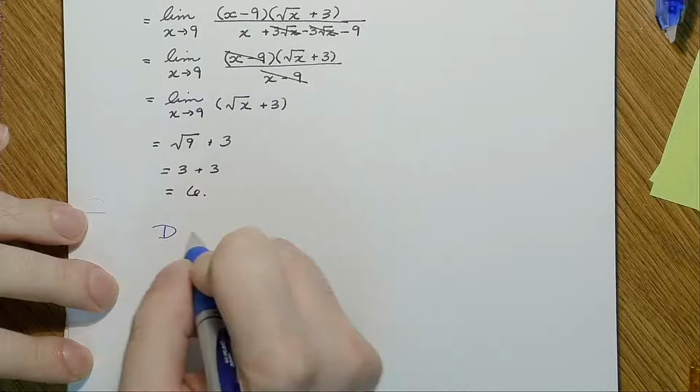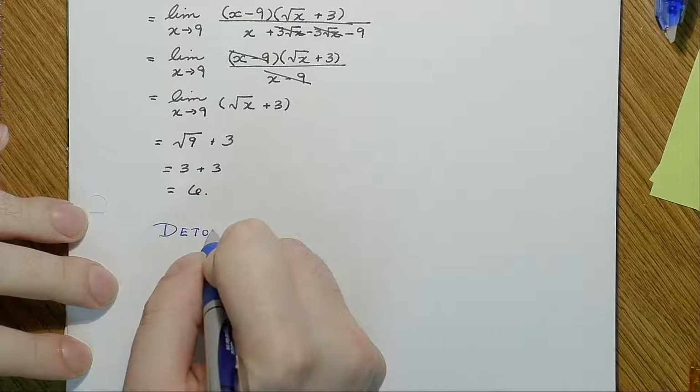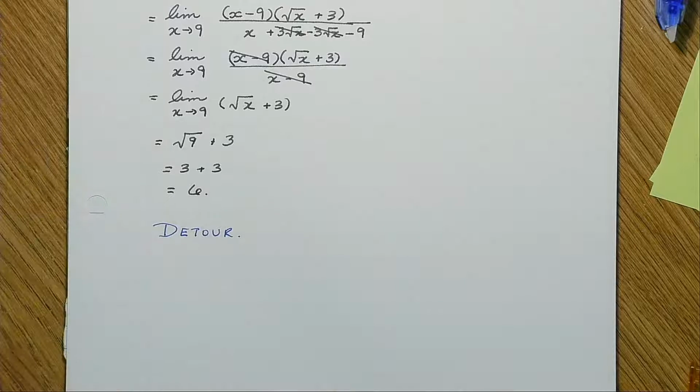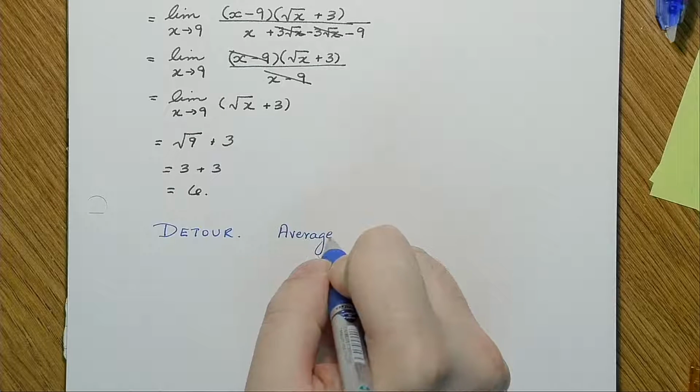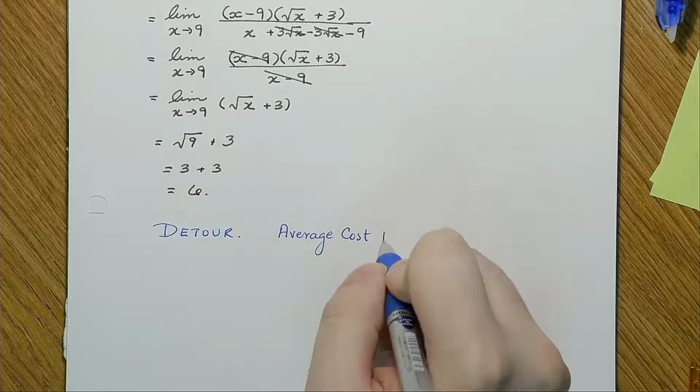So I'll call this a detour, because this isn't about the limits. We're talking about an average cost function.